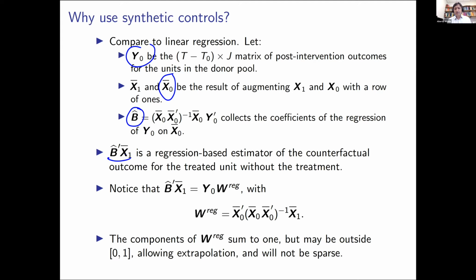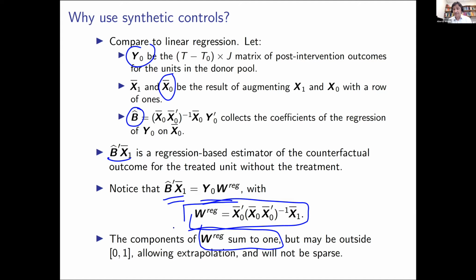Something that is easy to see, given the formulas that we have so far, is that this regression-based counterfactual in fact looks very much like a synthetic control. It's also a combination of the outcomes of the untreated units in the post-intervention period. You could calculate the weights. We usually don't do it when we run a regression this way, but you could calculate these weights explicitly. And given the formula that we have for these weights, you can also prove that these weights sum to 1.